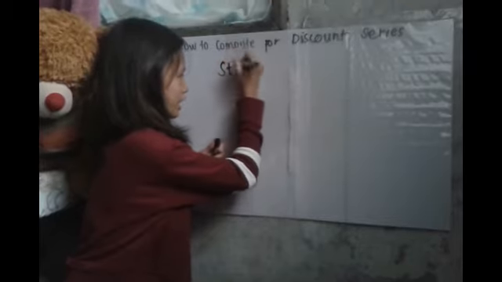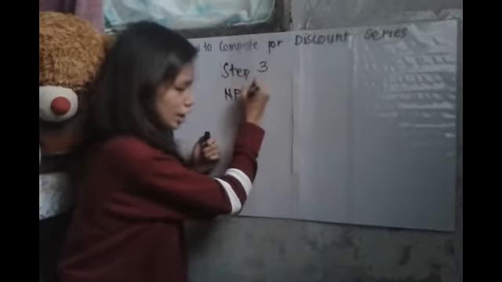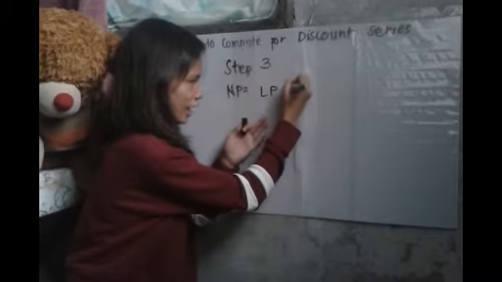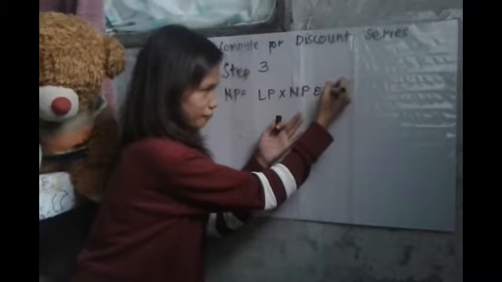So, yun. We have step 3, in which we will compute the net price. So, net price equals to list price times net price equivalent rate. So, yun.